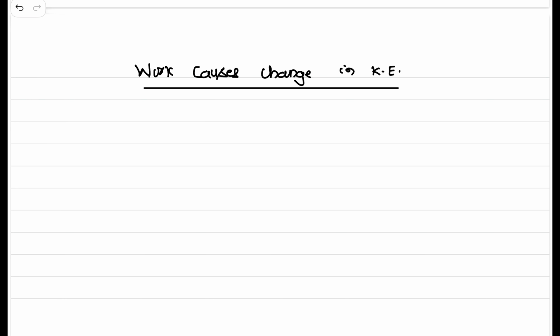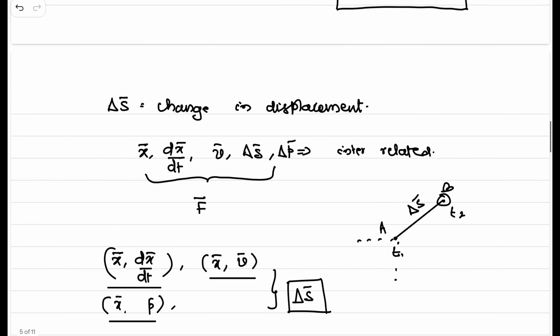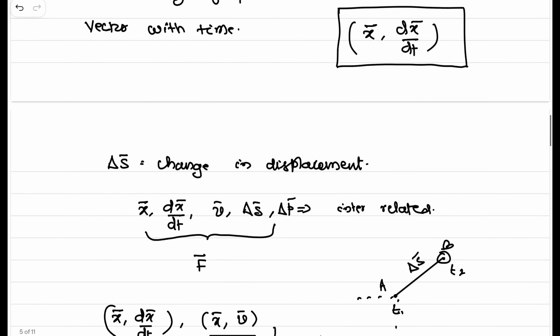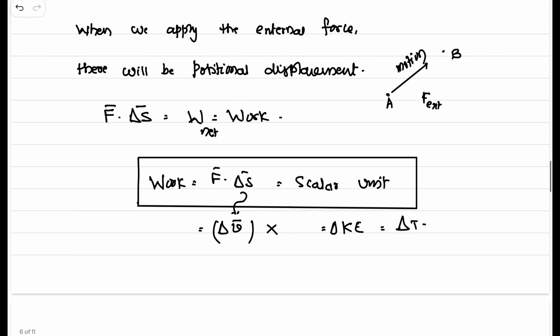Once we know position vector, velocity vector, or rate of change of position vector, or momentum vector, we will be able to understand the state of the particular particle at different times. At a particular point of time t1, that particle is at A in the coordinate system, and it moved to point B after some time at a time t2.